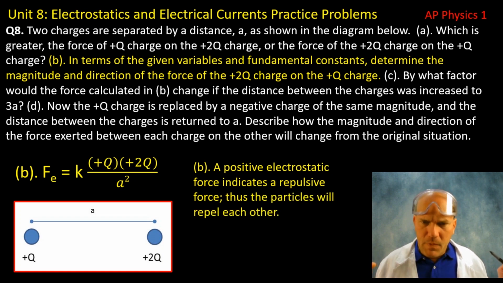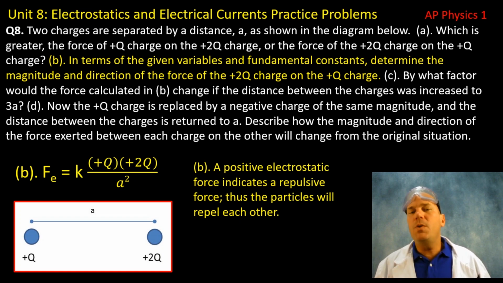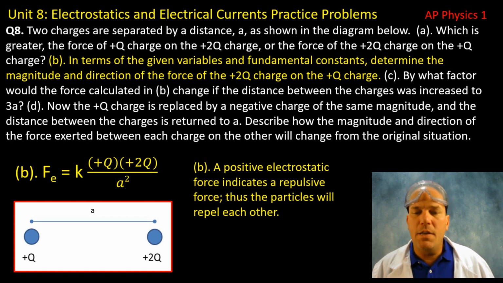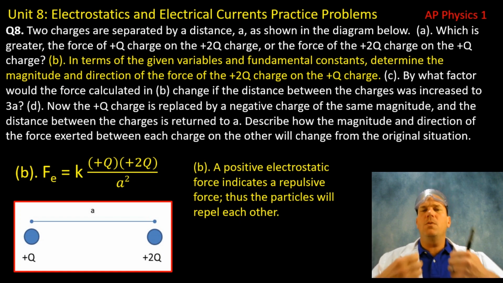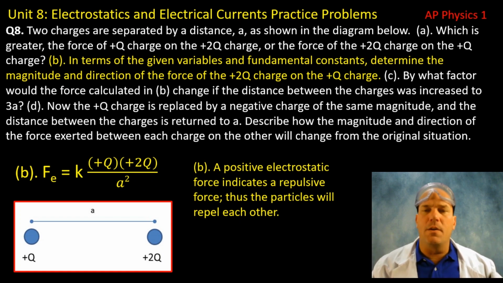The fundamental constant in this case is K, the Coulomb's law constant, and we have our charges indicated, and we have our distance, which is given as A. That is in the denominator, and that is squared. You could have simplified this to 2Q squared over A squared. Either way is fine. So a positive electrostatic force, what does that indicate? A repulsive force. So the particles will repel one another.